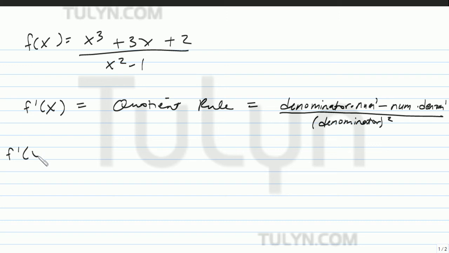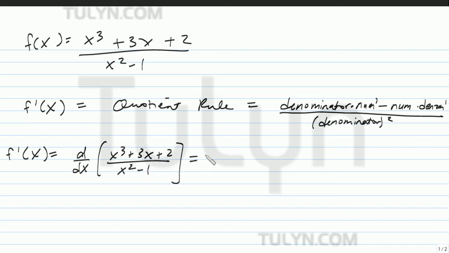So f prime of x is equal to the derivative of x to the third plus 3x plus 2, your numerator, divided by your denominator x squared minus 1. Go ahead and label each thing before you do it. So f of x is x to the third plus 3x plus 2, and then g of x is your denominator x squared minus 1.